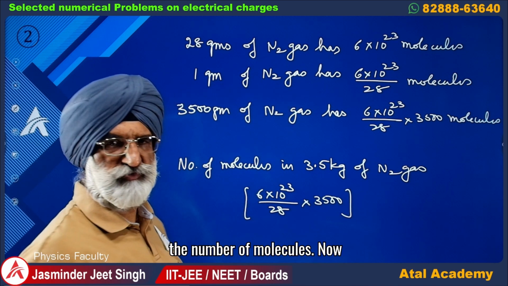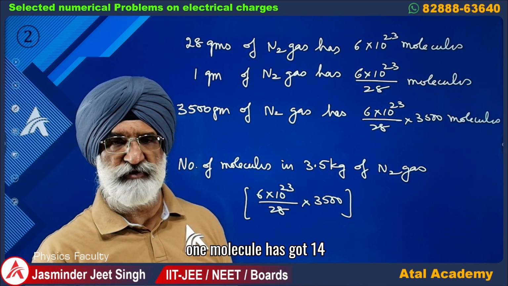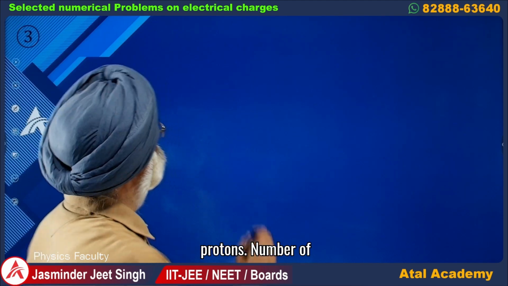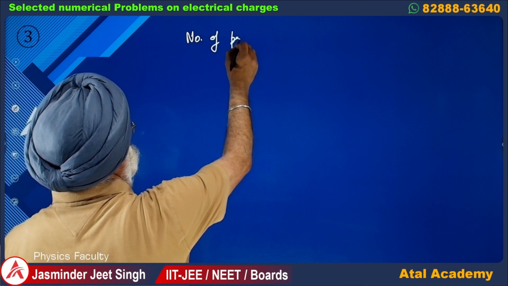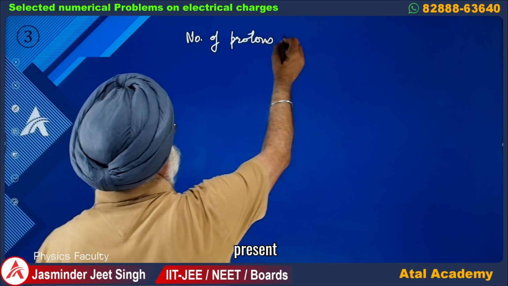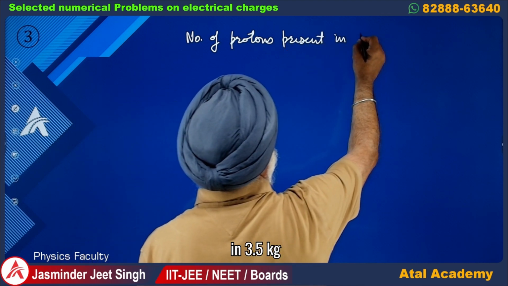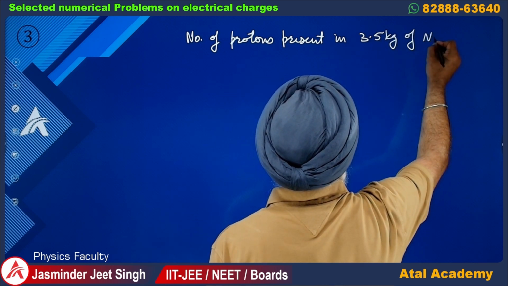Now one molecule has 14 protons, so we can count the number of protons present in 3.5 kg of nitrogen gas.